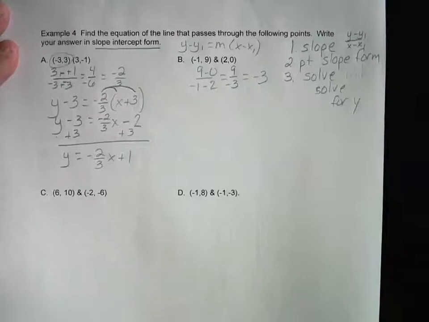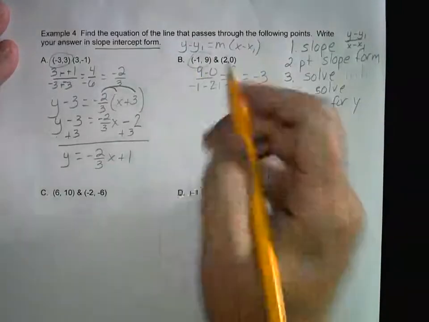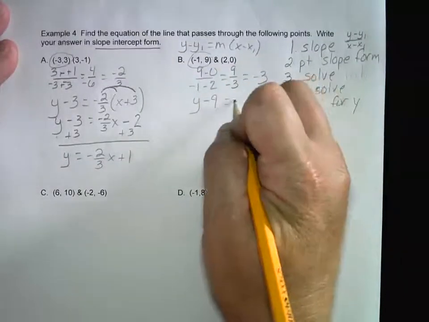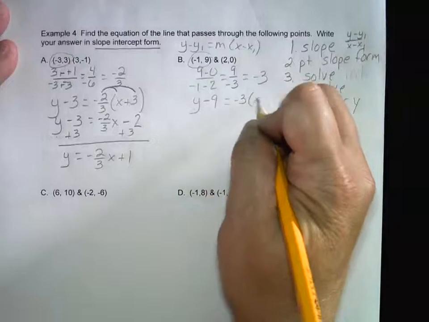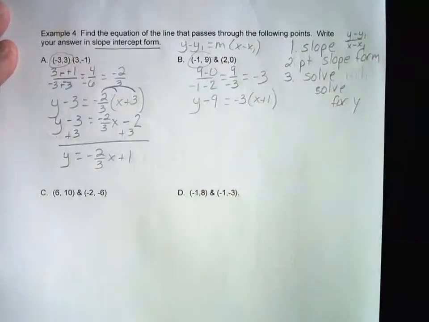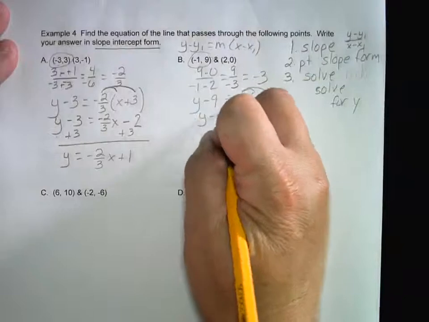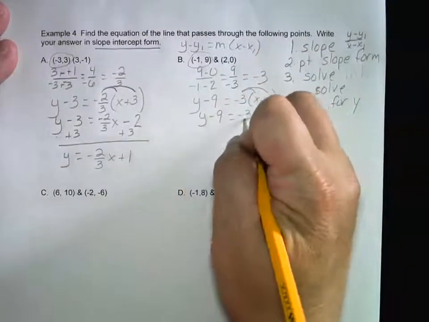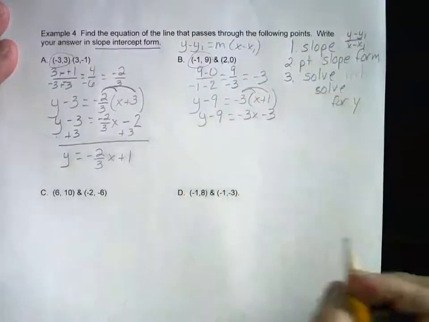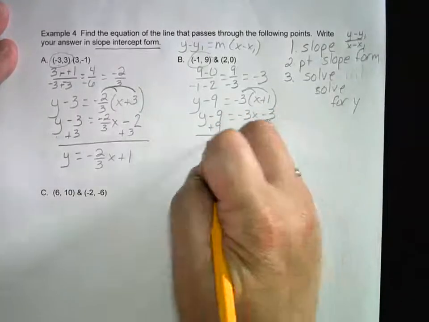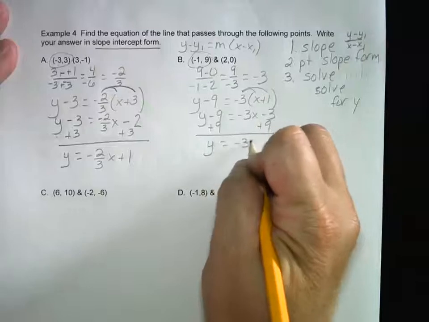I'm going to pick the first one, and that would be y minus 9 equals negative 3 times x plus 1. That is point slope form because we're given a point and a slope. Distributing, you have y minus 9 equals negative 3x minus 3. Adding 9 to both sides, you have y equals negative 3x plus 6.